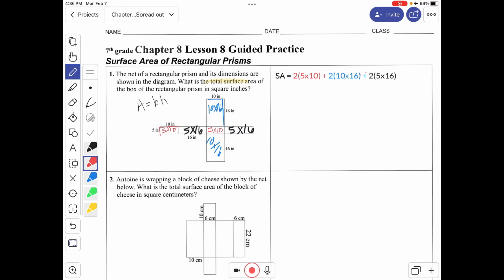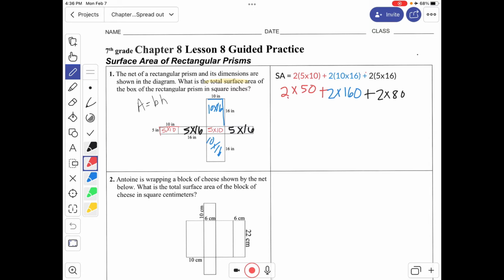So for this first one, we have 5 times 10, which is 50 times 2, plus 10 times 16, which is 160 times 2, plus 5 times 16, which is 80 times 2.